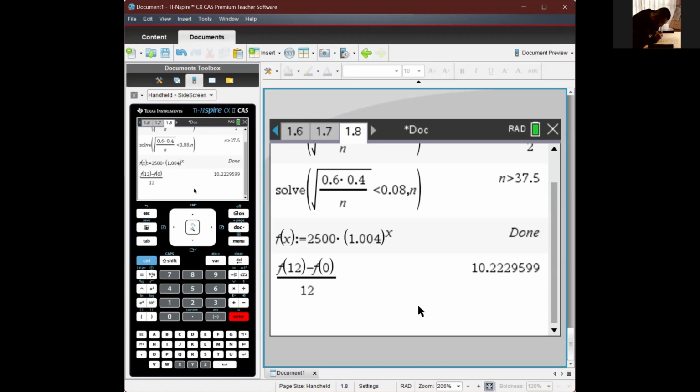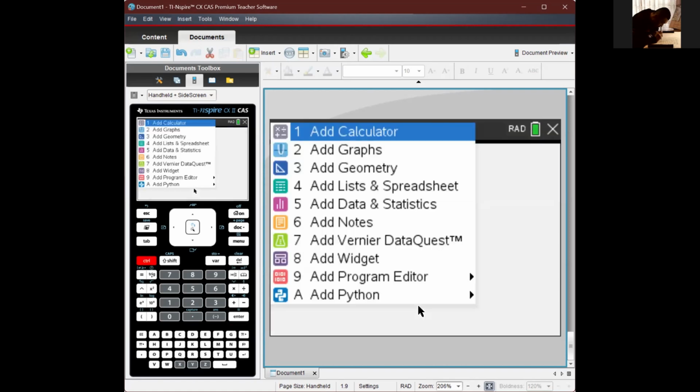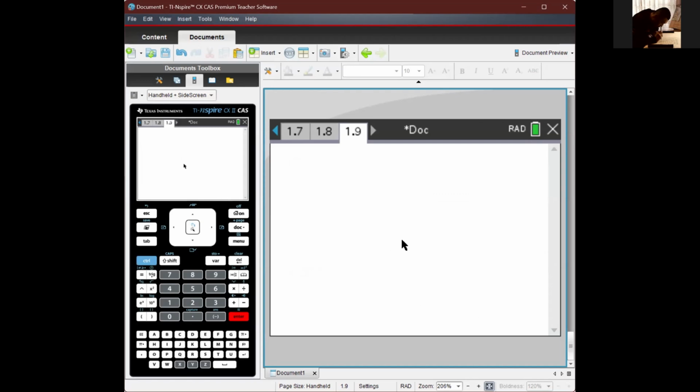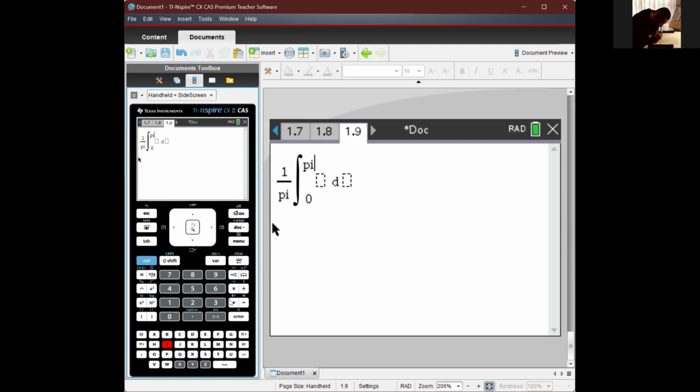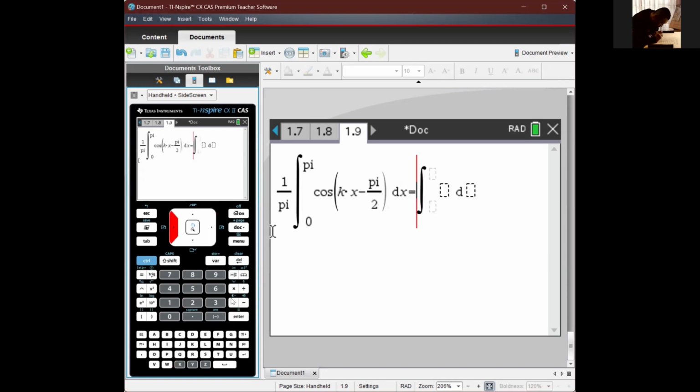Okay. Instead of flicking back and forth, I'm going to talk about the next question, which is an average value question. The question says the average value of cosine of (kx minus half pi). Basically, it's 1 over pi, integrate from 0 to pi, cosine of k times (x minus pi over 2) dx, equals the average value of sine over the same interval.